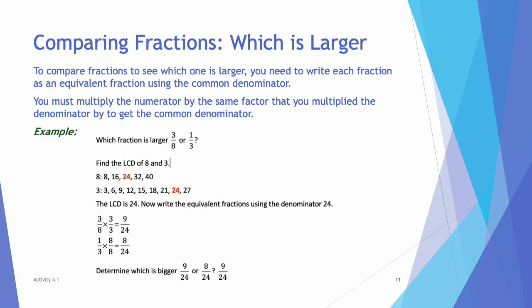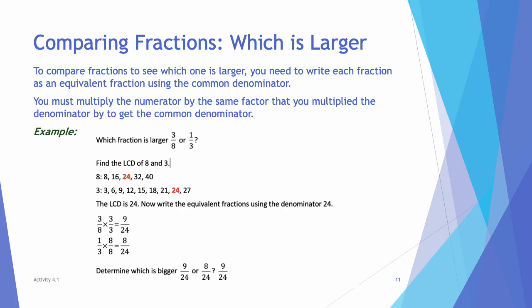Now write the equivalent fractions using the denominator of 24. To write the fraction 3/8 with the denominator of 24, you multiply the numerator by 3, since that's what we multiplied the denominator by to get 24. And 3 times 3 is 9. So 3/8 written as an equivalent fraction with the denominator of 24 is 9/24.